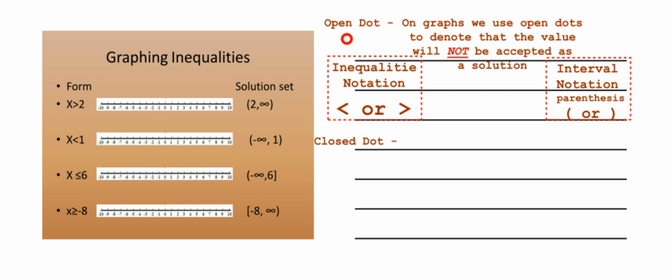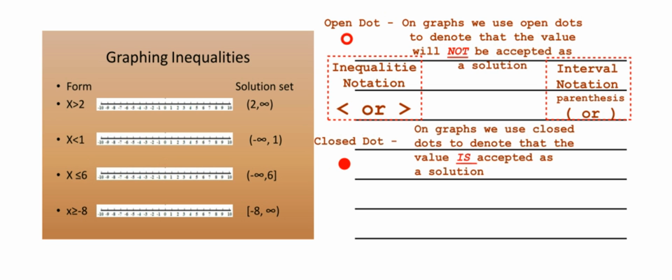Okay, for closed dots, on the other hand, on graphs we use closed dots to denote that the value is accepted as a solution. So in inequality notation, that is greater than or equal to, or less than or equal to. Note it has the equal sign or a single line on the bottom to imply that it could also be equal to.